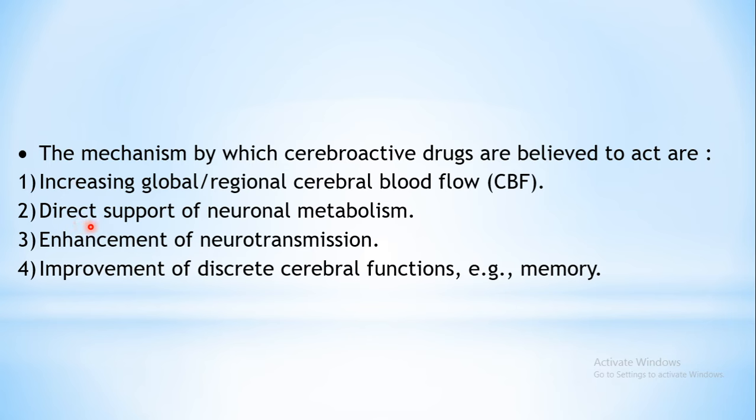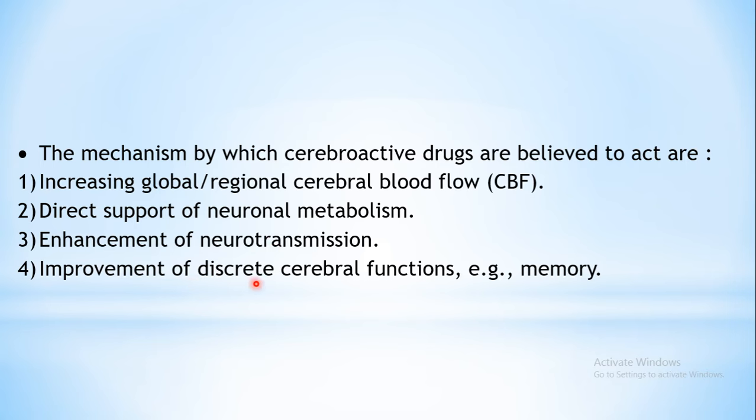The next mechanism put forth is direct support of neuronal metabolism. The neuronal metabolism may be improved by certain drugs. Next is enhancement of the neurotransmitters, which we were talking about, the cholinergic transmission which is getting affected. So enhancement of neurotransmission, specifically cholinergic transmission, is one of the mechanisms of action.